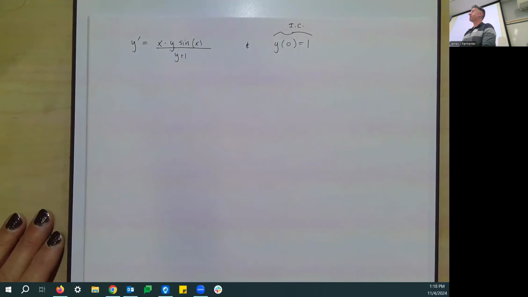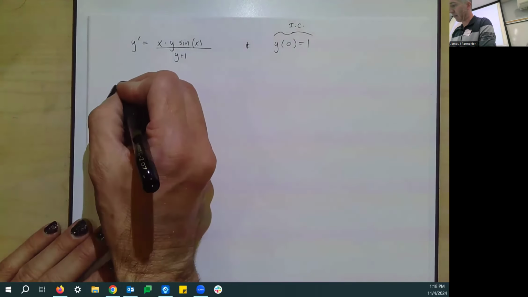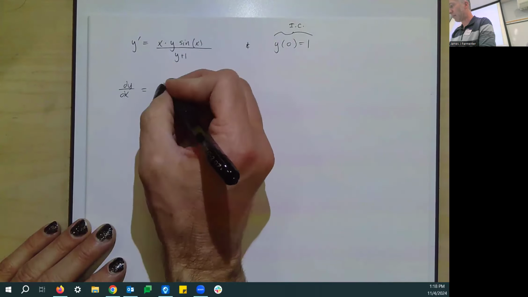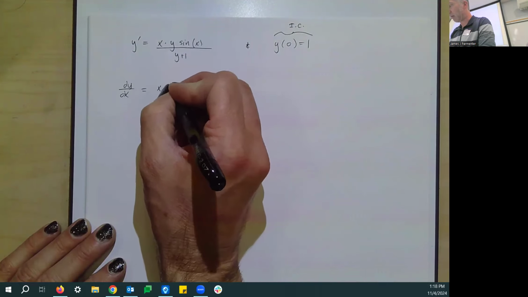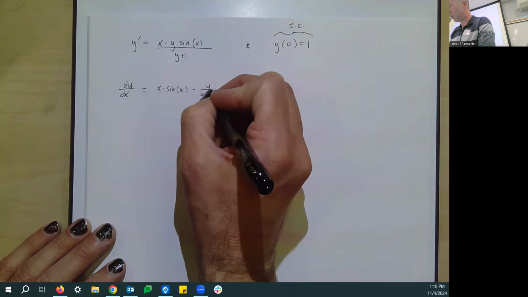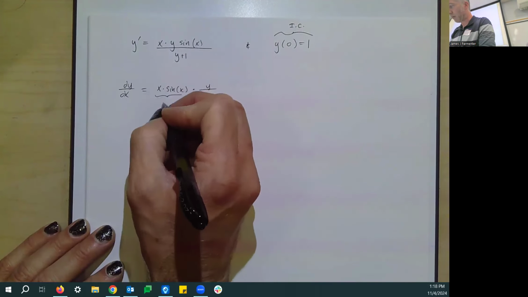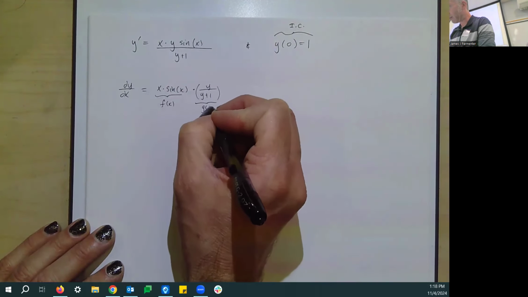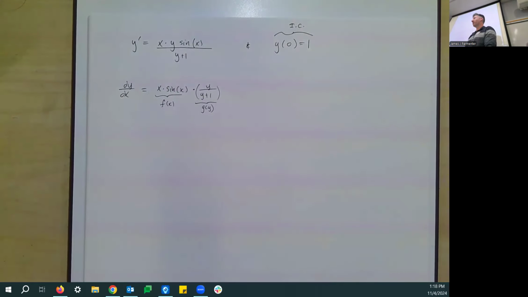All right, this is looking pretty separable to me. I can see that I have dy dx on the left. And I could even break this apart as x times sine of x times y over y plus 1, just to really see that it is a function of x multiplied by a function of y. Great.